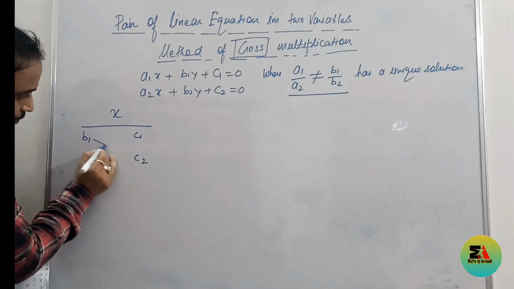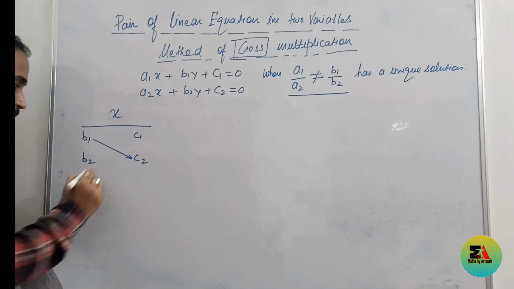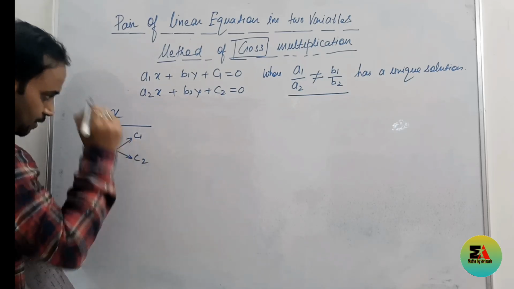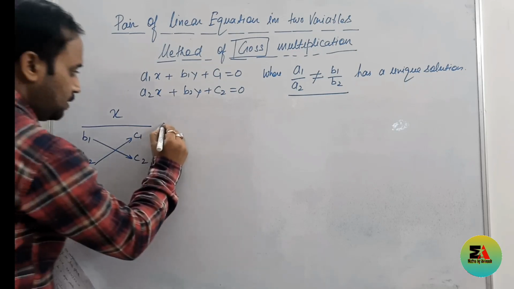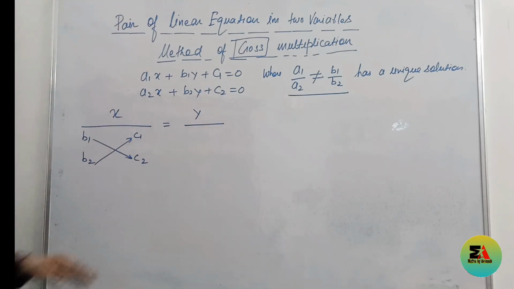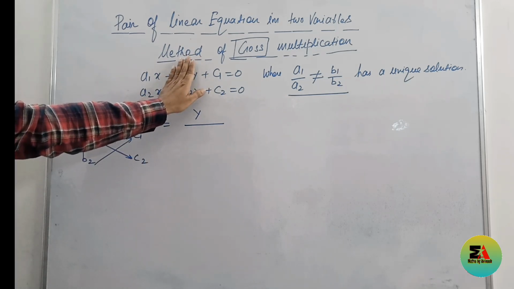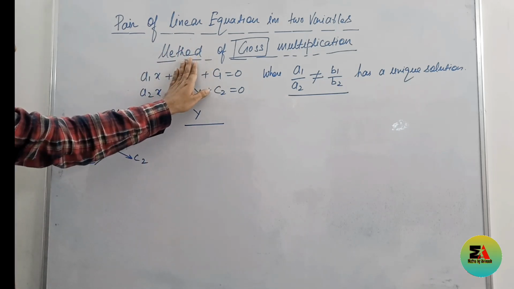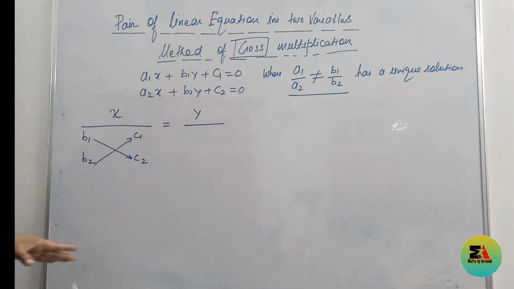Clear? Now b1 is multiplied with c2 and b2 is multiplied with c1. Give the equals sign and y. Now we have to calculate the value of y.